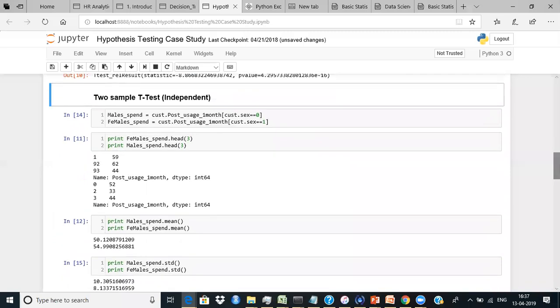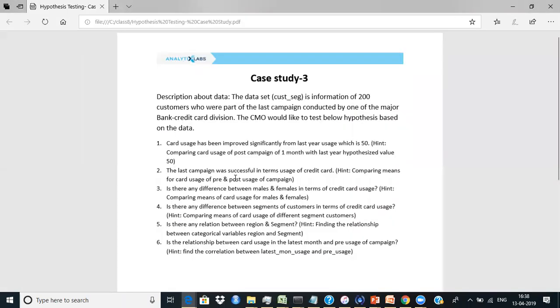Okay, third test. What are we trying to see? We are trying to see whether usage of male and female are equal. Here, are we doing a one-tailed or a two-tailed test? Two-tailed. We just need to know whether they are equal or not equal, right?